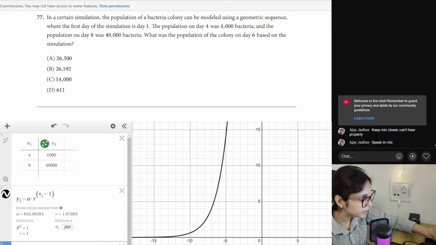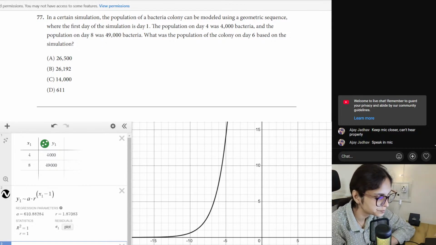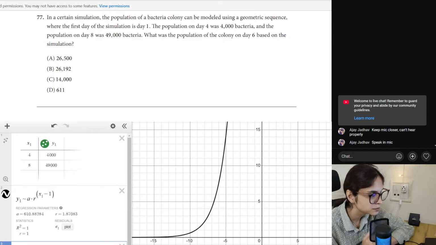It will be a times r to the power 6 minus 1, which is 5. Answer is 14,000. And this is option C. So the answer is option C. Got it?